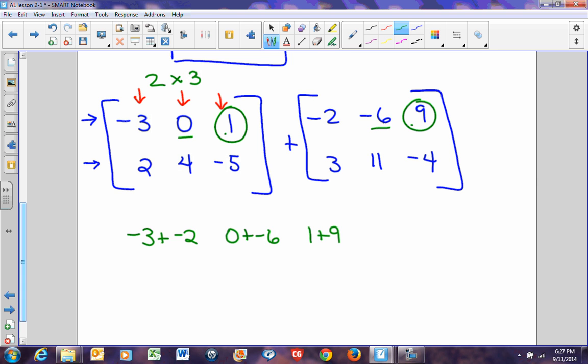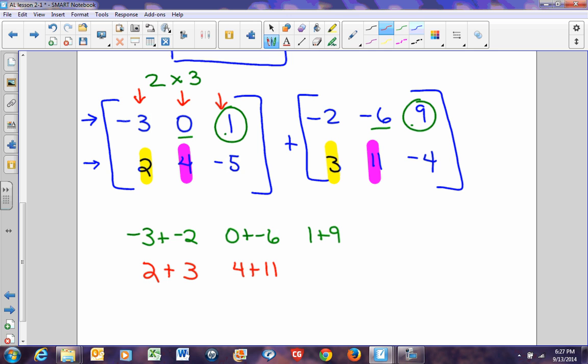Then we go to the second row. So if I highlight this for a minute, if I decide I wanted the second row, first column, second row, first column here, that would give us 2 plus 3. And then if we did our second row, second column, to second row, second column, that's going to give us 4 plus 11.